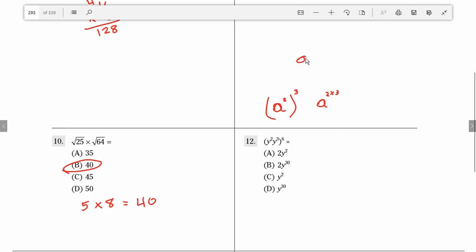When we had a squared times a to the 3rd, we added them, namely a to the 2 plus 3. Now, since this is an exponent raised to another exponent, we multiply them. So this would be a to the 6th.